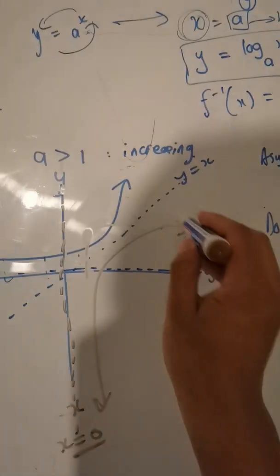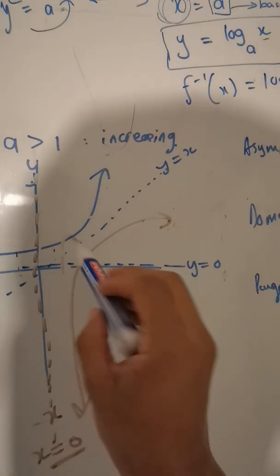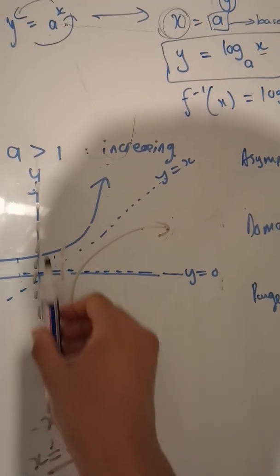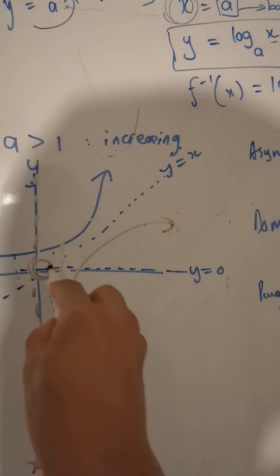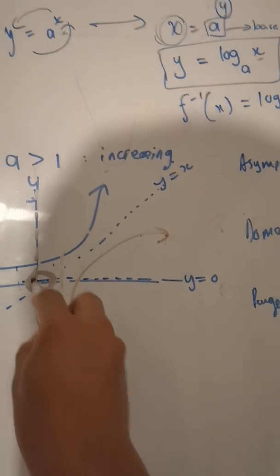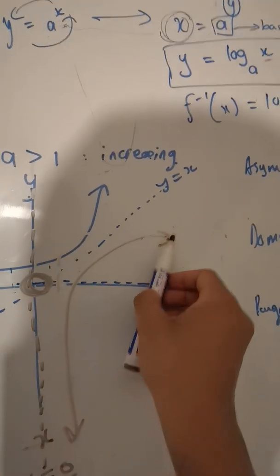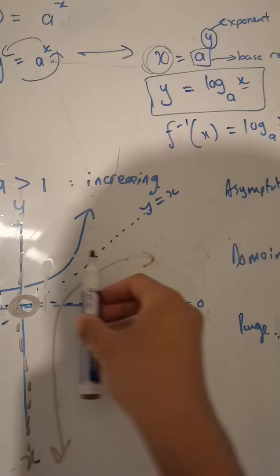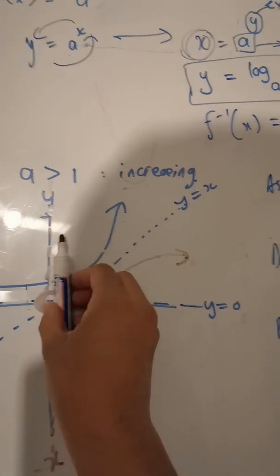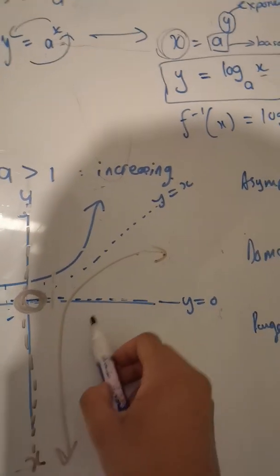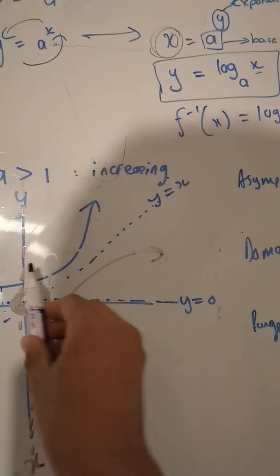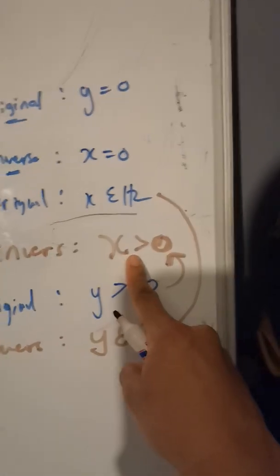So if you look at the inverse, you can see that this inverse is only possible for x values after the 0. Therefore x is more than 0.